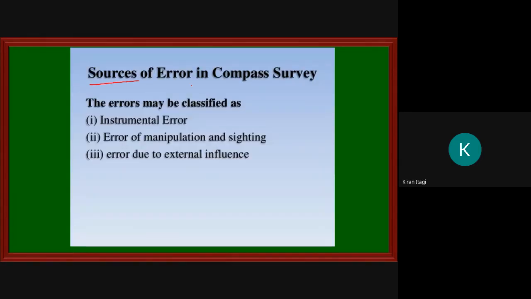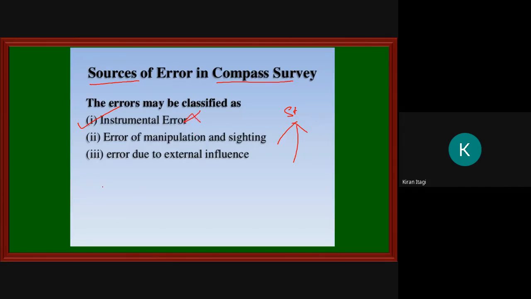Then, sources of errors in the survey compass. What are the sources? Means while studying, what are the mistakes that you are making? The first thing is instrumental error. You are very confident and very perfect in taking the readings, but the instrument is not correct.